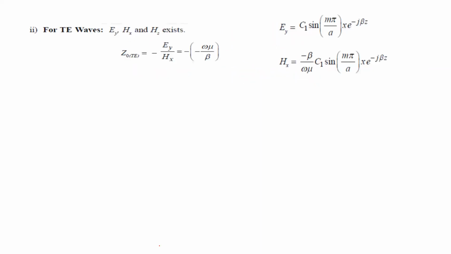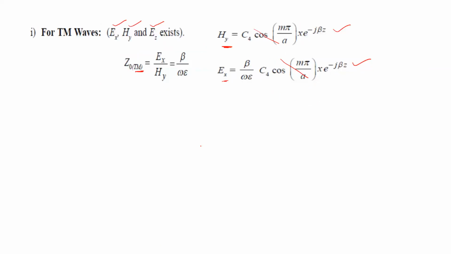We also know that beta is given by 2 pi root of mu epsilon root f square minus fc square. In the characteristics of TE and TM waves, we might have derived this.